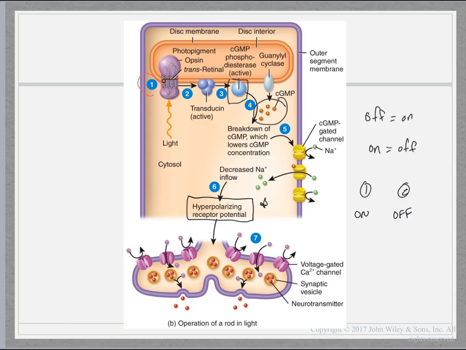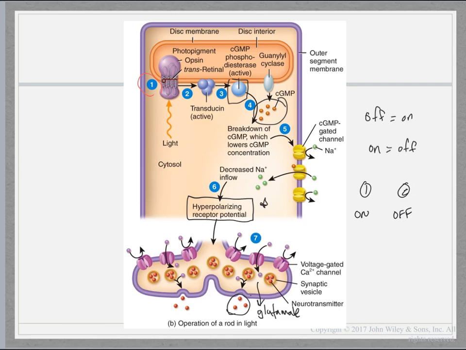which is causing this hyperpolarization event. Now, by causing the hyperpolarization event, we're essentially closing some of our voltage-gated calcium channels, which will reduce the amount of glutamate being released into the synaptic cleft. Now, glutamate is an inhibitory neurotransmitter.